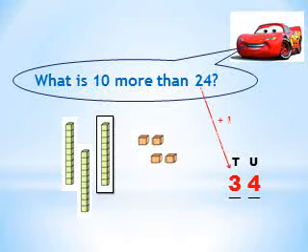I added 1 to the 2 and it gave me 3 exactly. So when I want to add 10 more to a number, I will add 1 to the number in the tens room. So 24, I will add 10 more to it. I will get 34.